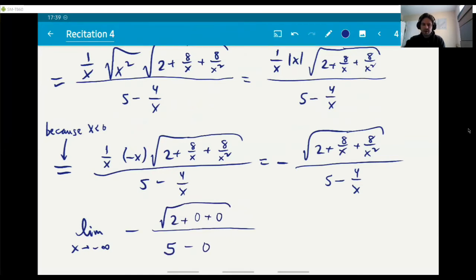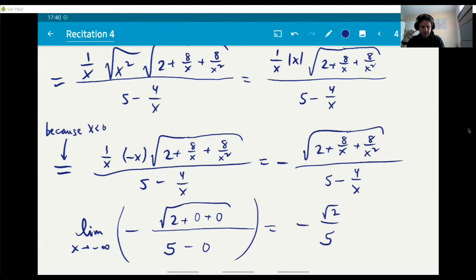Once again, a number like 8 or anything that's not 0 divided by x, as x goes to either plus or minus infinity, that fraction goes to 0. And this limit is just minus root 2 over 5. That's the answer to this problem.